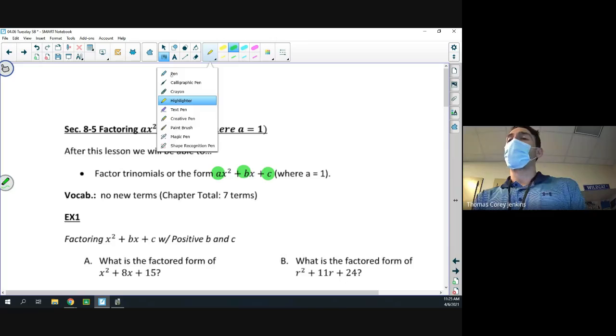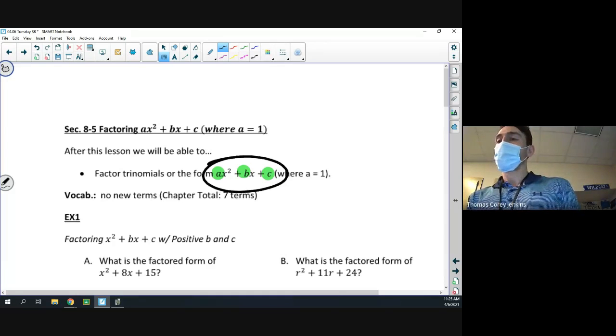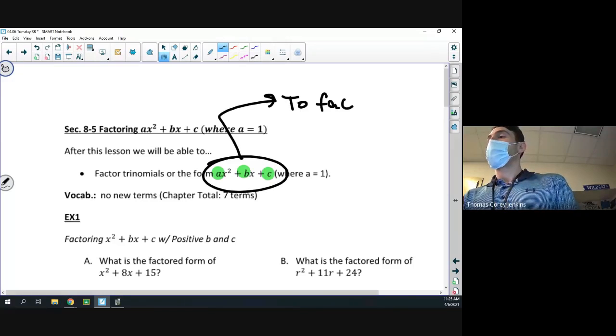All right, now here's why we've been doing what we've been doing with the find-the-number stuff, okay? Because to factor this, what you do is you want to find two numbers. That should sound familiar.